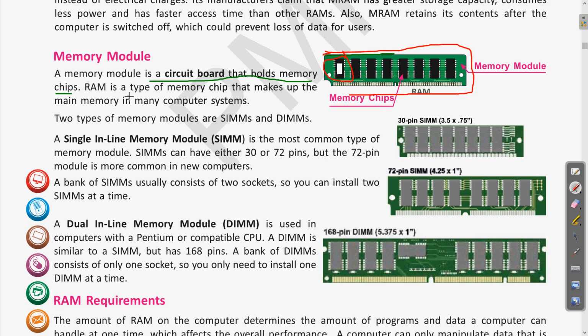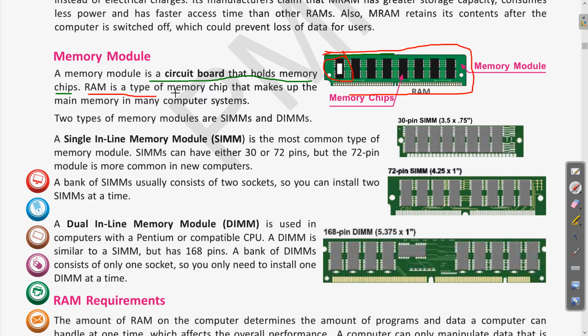Clear? Now RAM is a type of memory chip that makes up the main memory in many computer systems. This we have already seen, that RAM is also called the working memory or the main memory. Clear? So in the primary memory types we have seen only one, that is RAM, and RAM had three different variations. What were they?